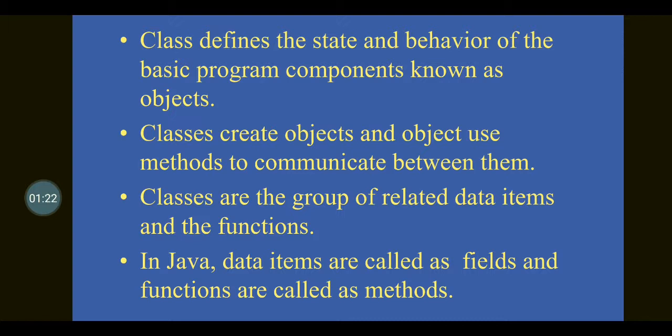In general, we can define a class as a collection of members and member functions. The members are called fields and the member functions are called methods. With the help of objects, it is possible to access those members of the class, and also we can call the methods of the class in order to do some processing.